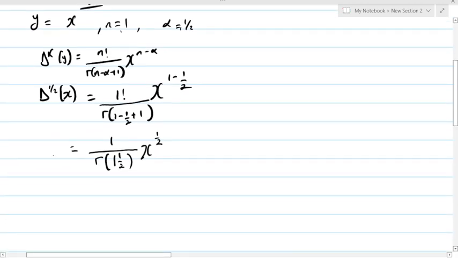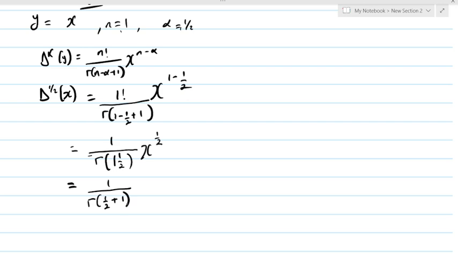Alright, so now we can just split this. We can deal with our gamma separately. That will be 1 over gamma of half plus 1, and half plus 1 is 1 and a half. So we are still doing the same thing.